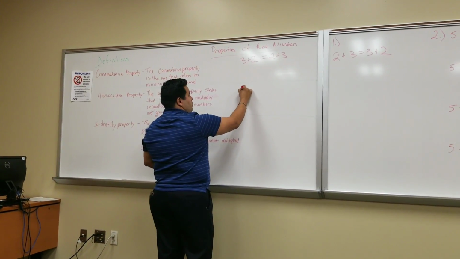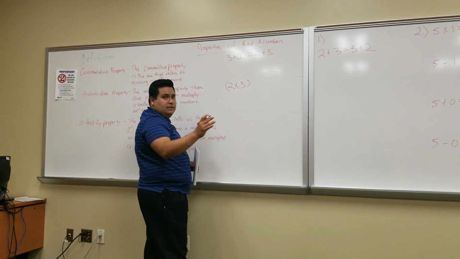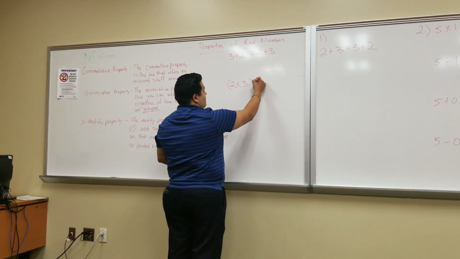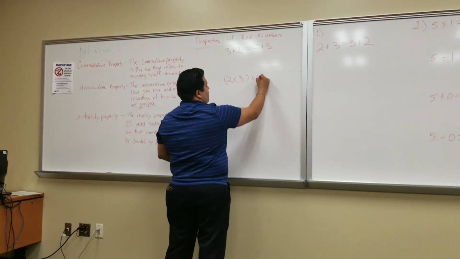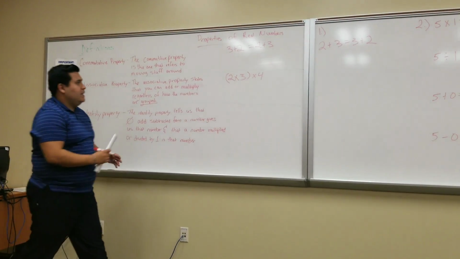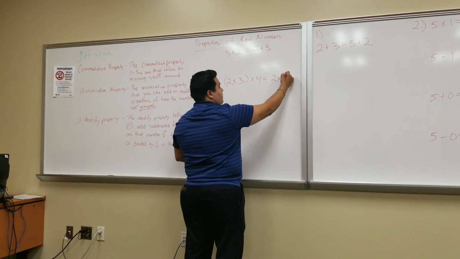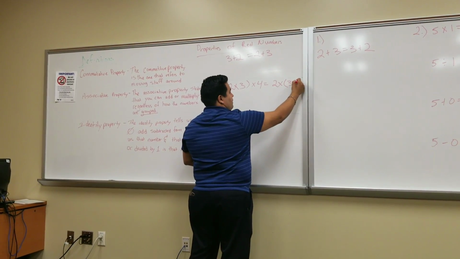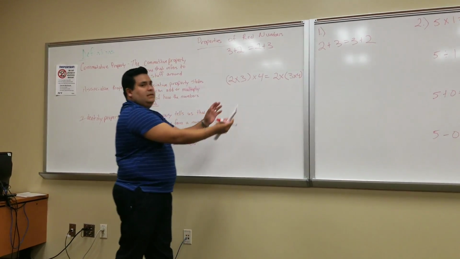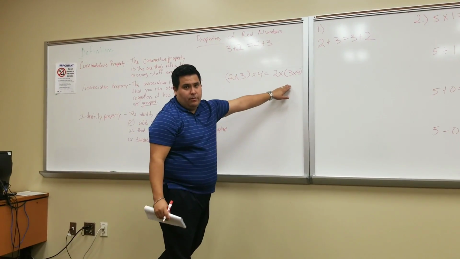If I do 2 times 3, put that inside my parentheses, and then multiply that by 4, what the associative property tells me is that is the same as 2 times 3 times 4, with the parentheses moved. See how the parentheses moved? It changed the grouping, but this is the exact same problem.